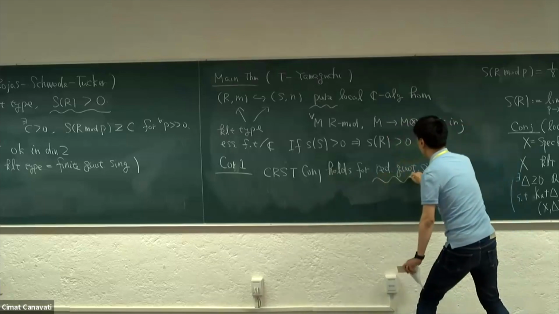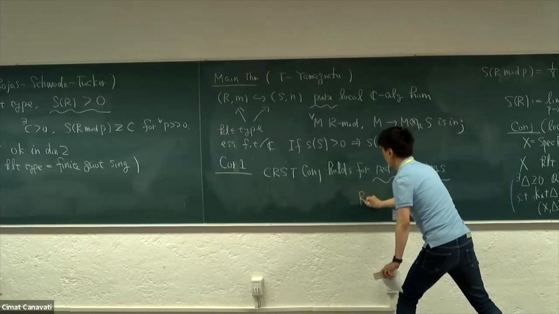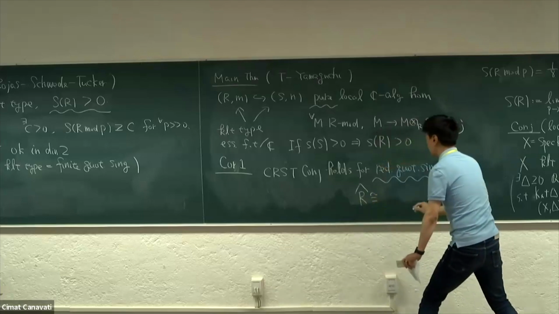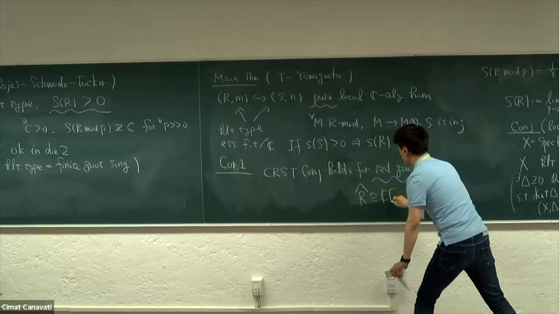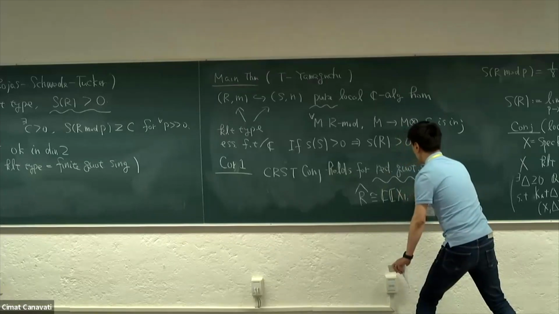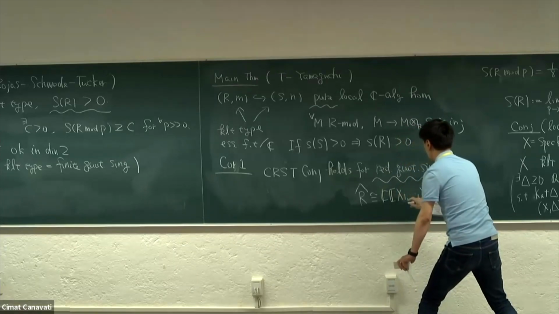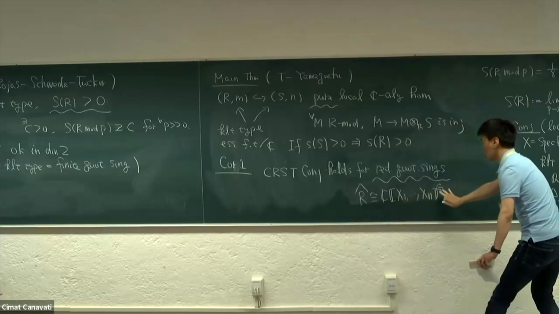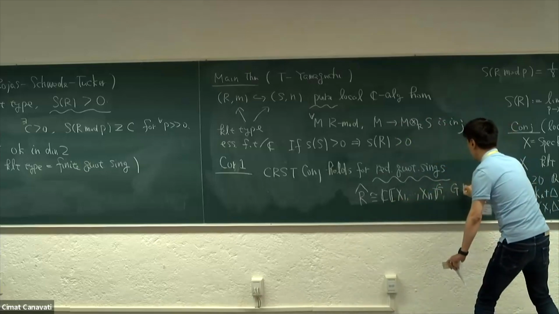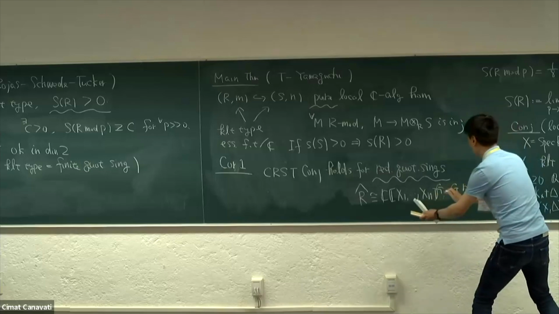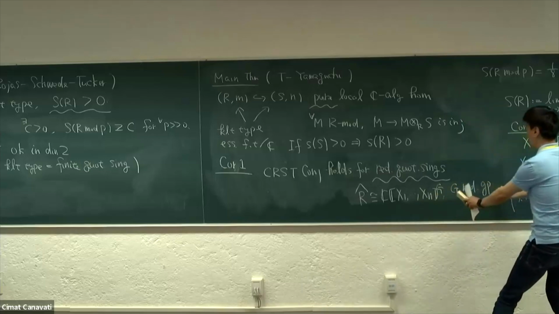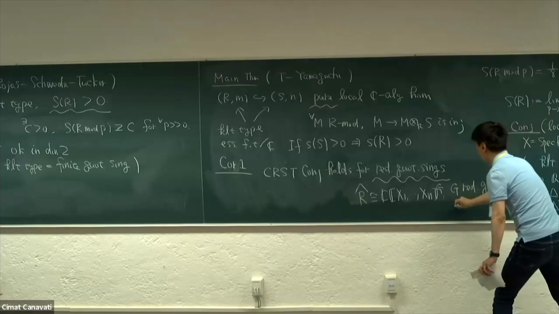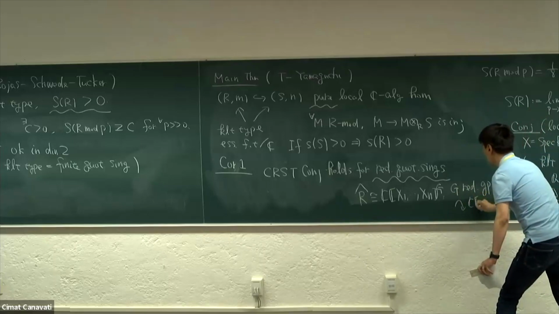Here, reductive quotient singularity means that if you take a completion of R, then this is isomorphic to the invariant subring of the formal power series ring over C, where G is a reductive, or linearly reductive, group. It's in characteristic zero, so they are equivalent. So G is a linearly reductive group acting on the formal power series ring.